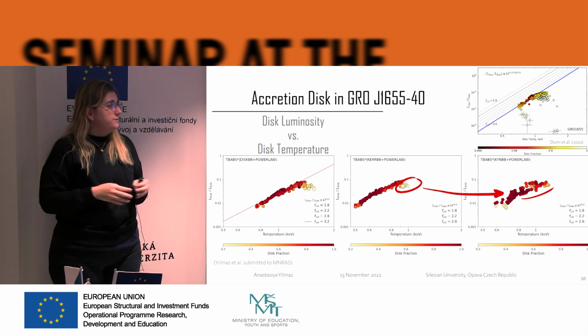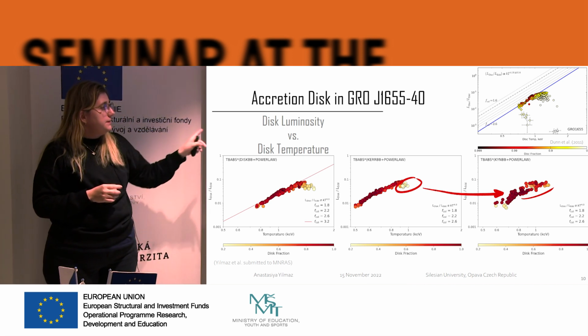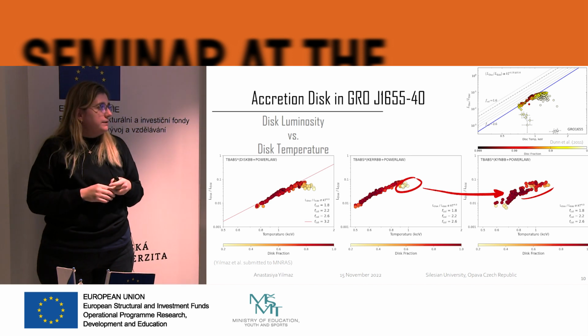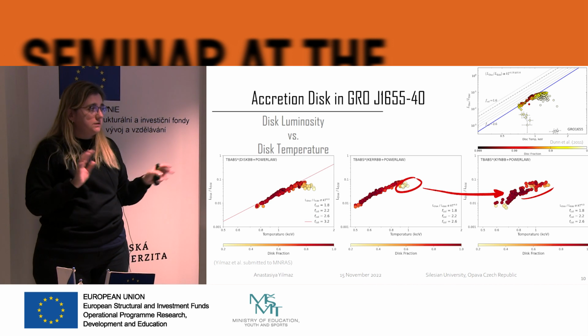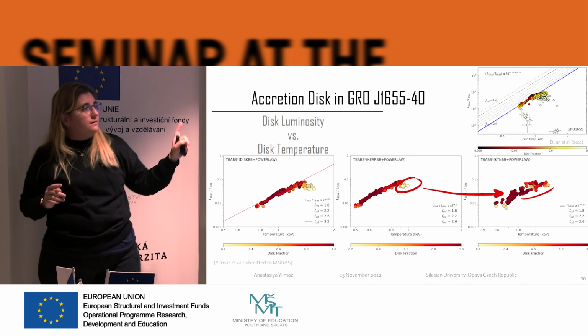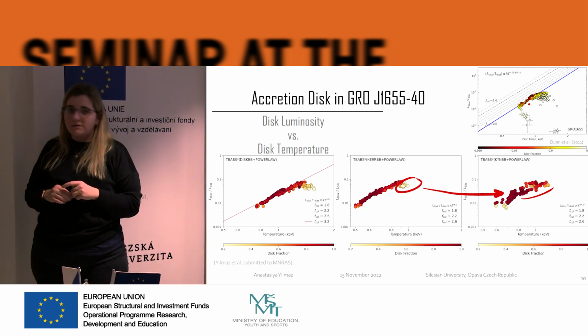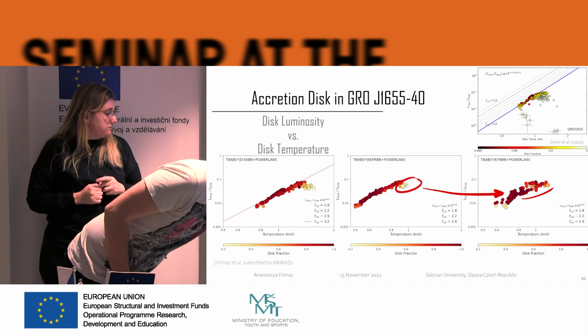I will just continue. Then in the middle, I replaced diskBB with KERRBB to see if we can do anything by modeling it relativistically, but we did not see any difference. The main difference happened when I let KYNBB have a variable Rin parameter.